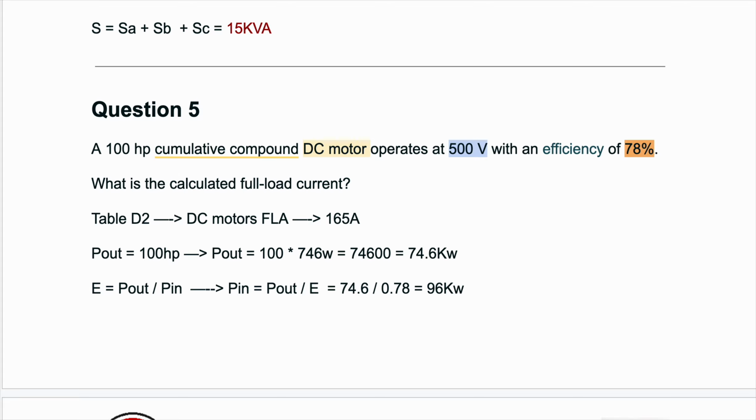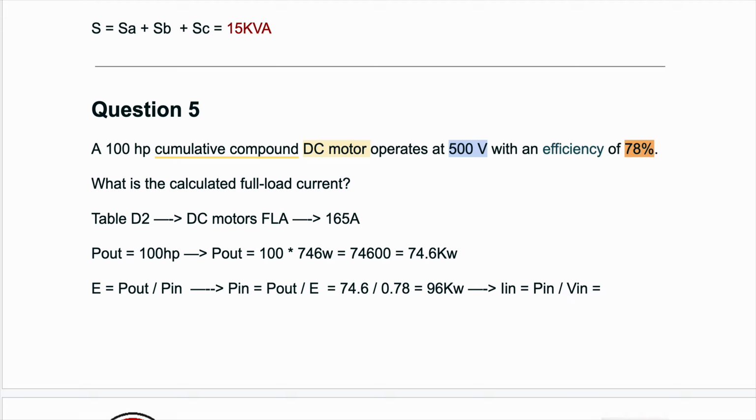Okay, so we have the input power to this motor, and we have the voltage of this motor, so we can get the ampacity. The input ampacity of this motor is equal to P in divided by V in.